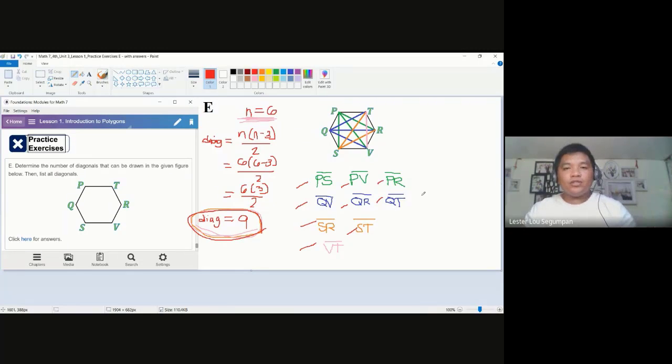But if the question is just how many, the number of diagonals, you could simply end the process. I just added the continuation to list all diagonals so that we could demonstrate how the diagonals should be written and make sure that no diagonals are duplicated as we count them.